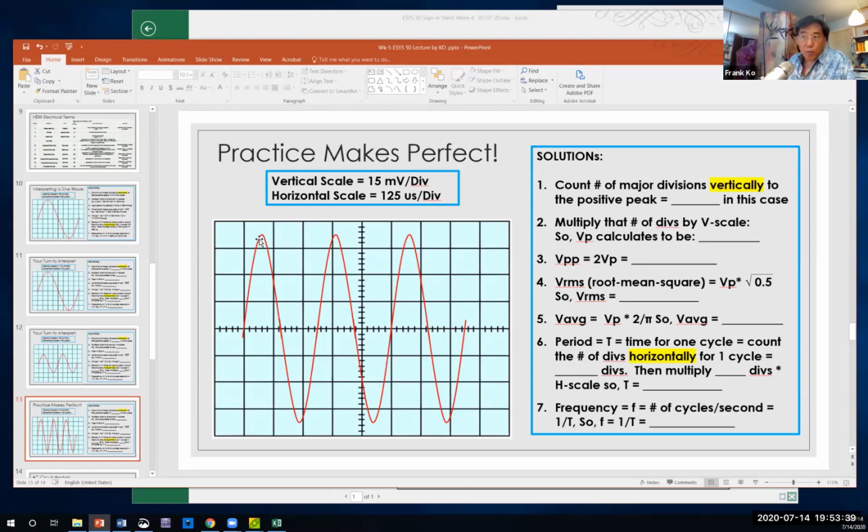It looks like we're counting from the 0 line to the peak about 3.5 divisions. You multiply that by the vertical scale of 15 millivolts for each division. You should all verify that you calculate 52.5 millivolts peak. Everybody concurs? 52.5 millivolts peak.